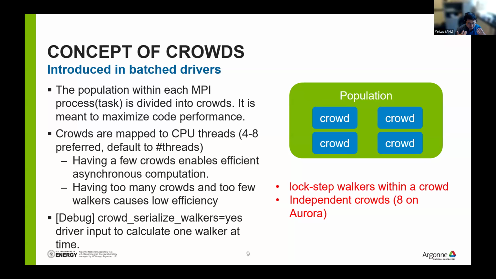With this design, crowds are important, but in the actual implementation, crowds are mapped onto CPU threads. That's why QMCPACK uses CPU threading also in the GPU code. OpenMP threading is always used in QMCPACK.